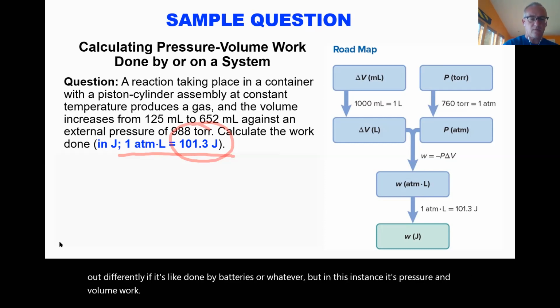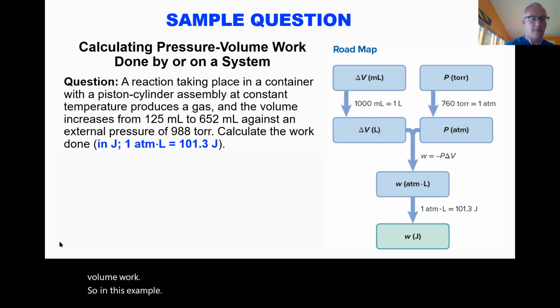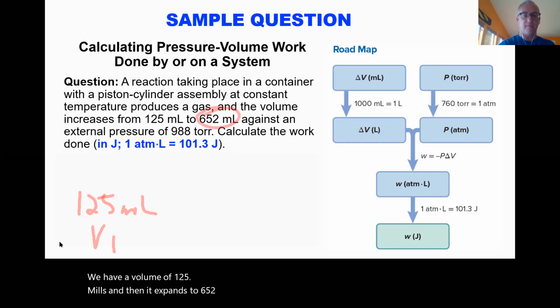So in this example, we have a volume of 125 mils. And then it expands to 652 mils. So that's my V1. My V2 is 652 mils.